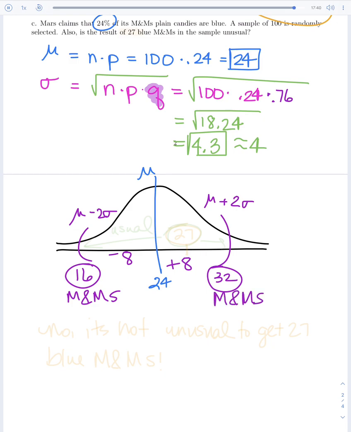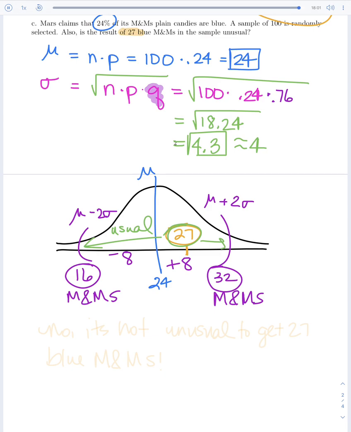The question is, what were they asking about? They were asking about specifically 27 blue M&Ms, which will go right in the middle. Remember that anything that falls in the middle is going to be considered usual. So anything in this middle section is usual. So that's what we'll say about the 27.